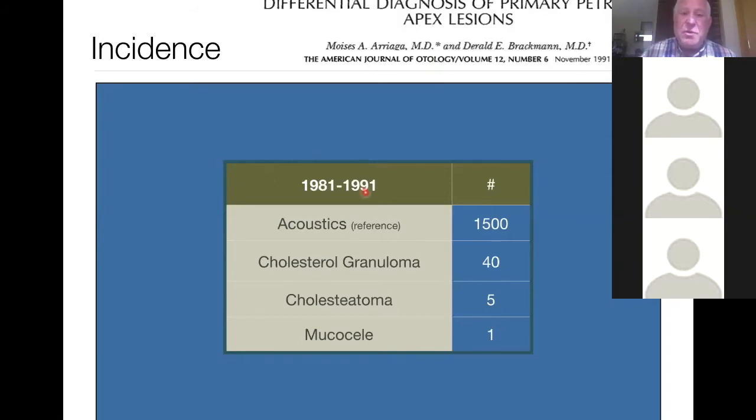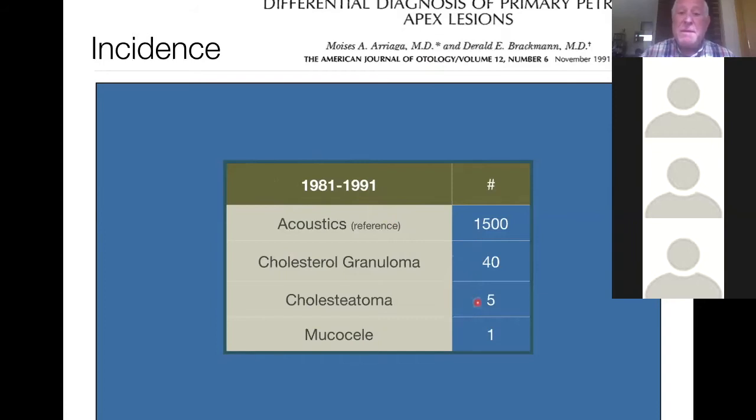And what they used was their reference. In this 10-year period, they saw 1,500 patients with acoustic neuromas, okay? 1,500 patients. In comparison, cholesterol granuloma, they only saw 40. This is cholesterol granuloma of the Petrous apex.